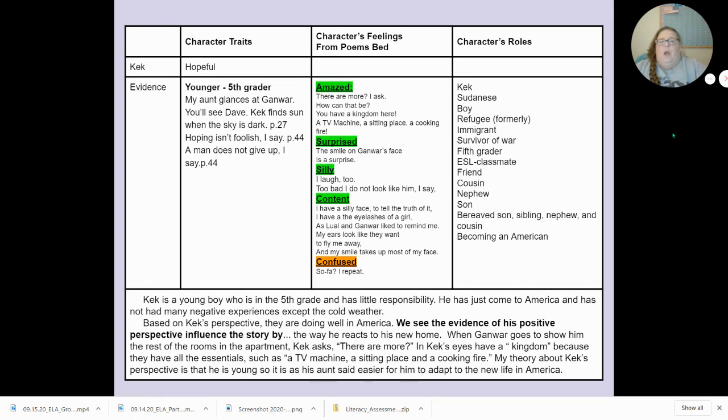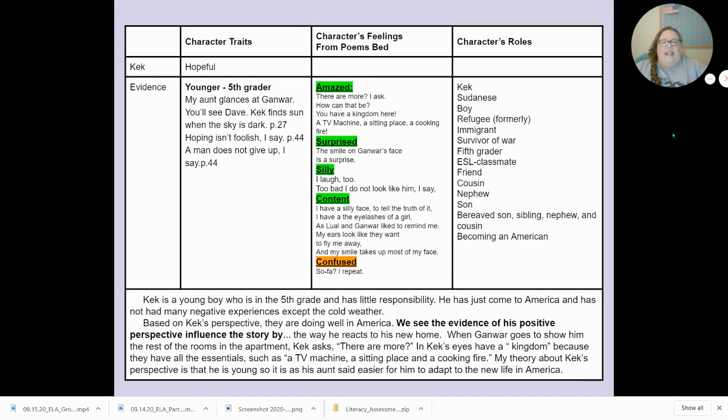Okay? We see the evidence of his perspective influence the story by, and then that's when you're going to give all your evidence. Okay? The way he reacts to his new home. When Ganwar shows him the rest of the rooms in the apartment, Keck says, there are more.